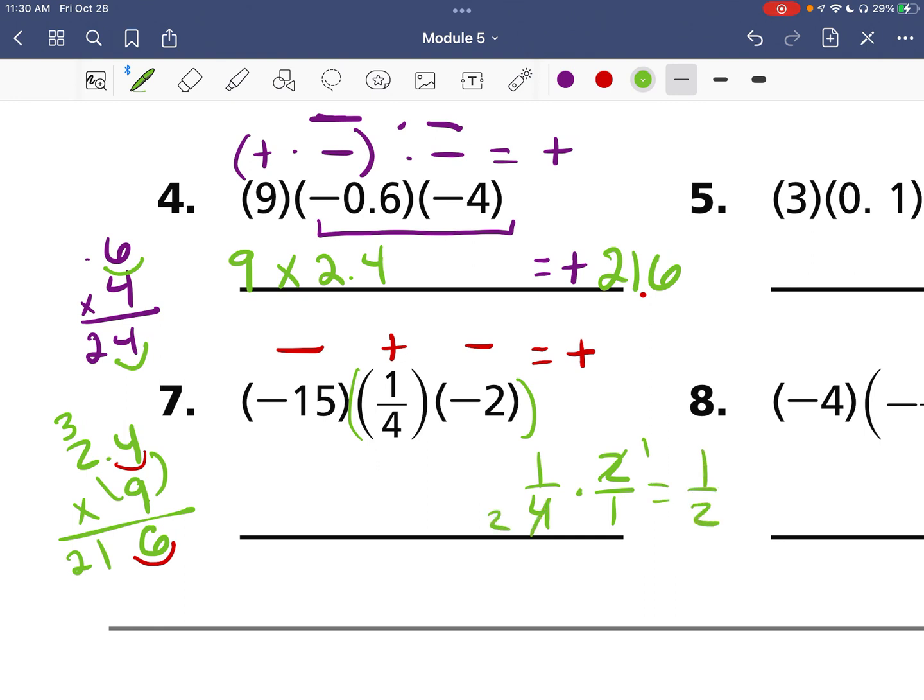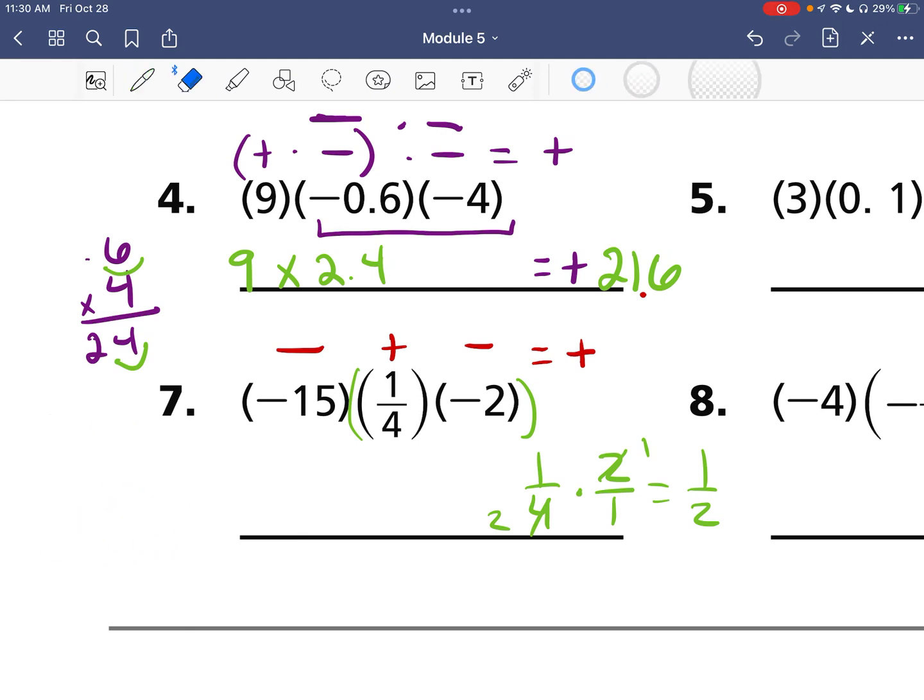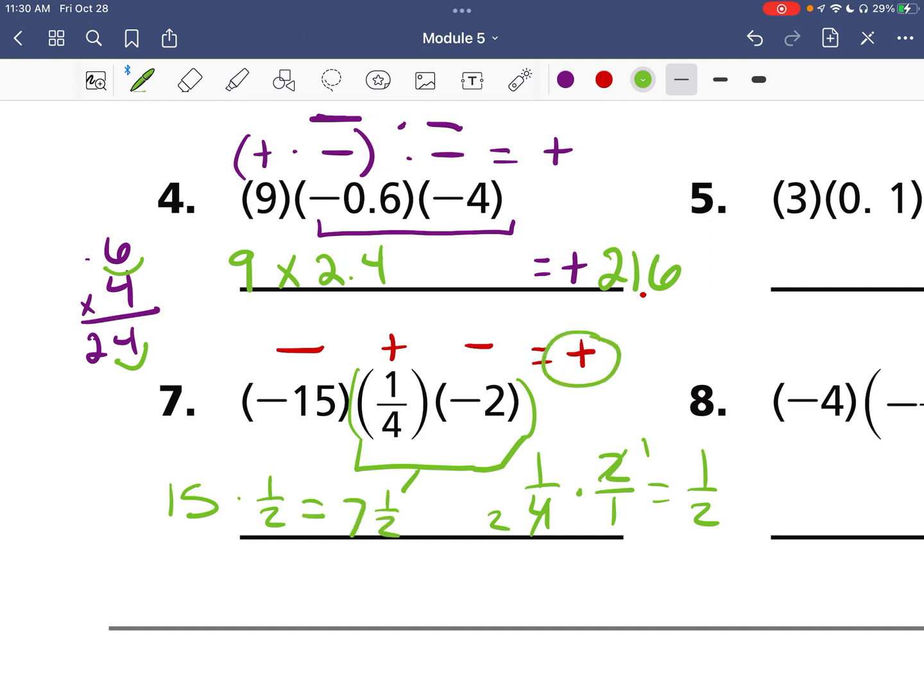There's 1/2. So now we have 15 times 1/2. What is half of 15? That is 7.5. And we know our answer is positive, so that is our final answer.